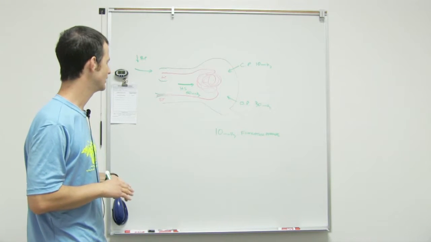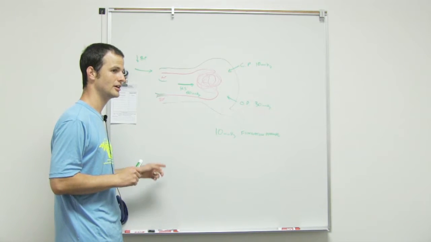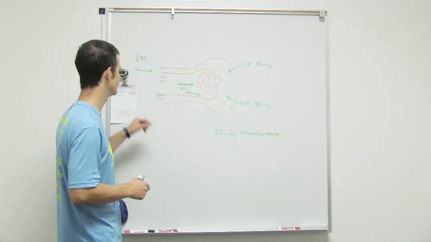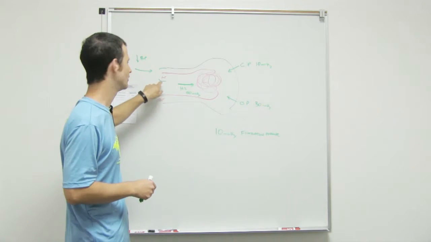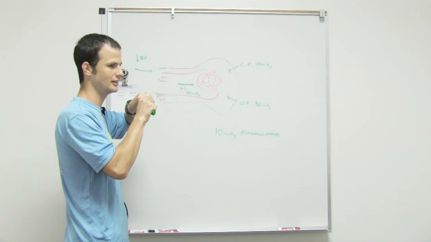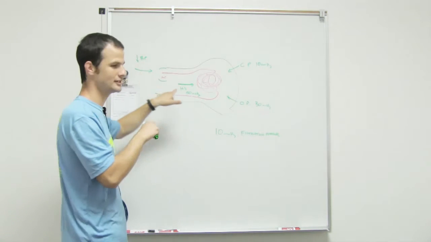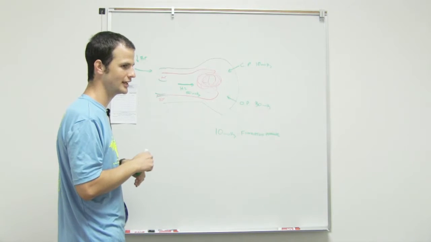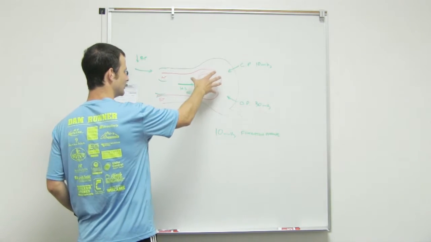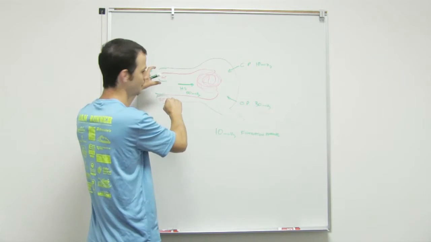If that flow becomes too fast, it sends a signal to the brain and causes the smooth muscle around these arterioles to contract, to constrict, or it'll cause it to dilate, to release, depending on what needs to happen. For example, if you wanted to build up this pressure, you'd close off where it's leaving and open up where it's coming in.